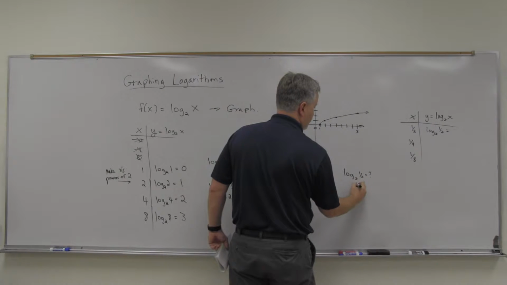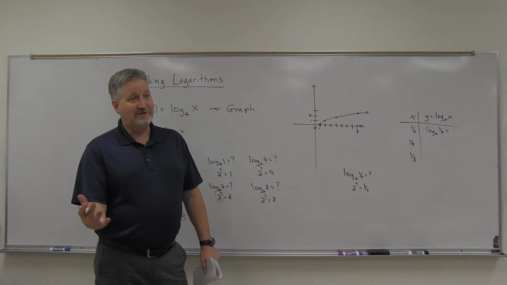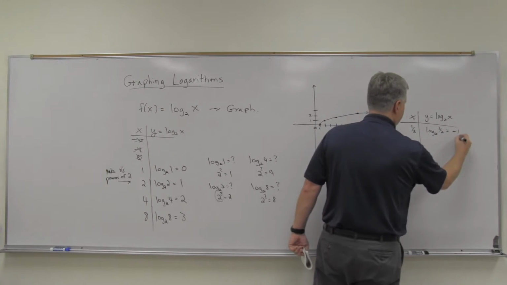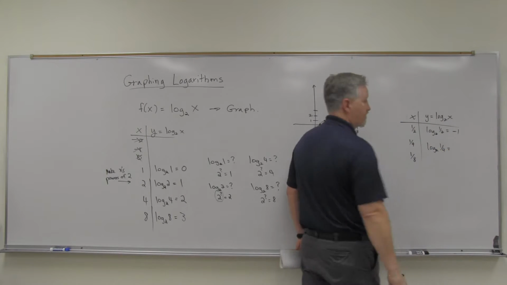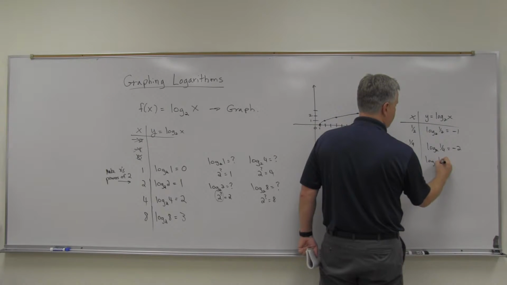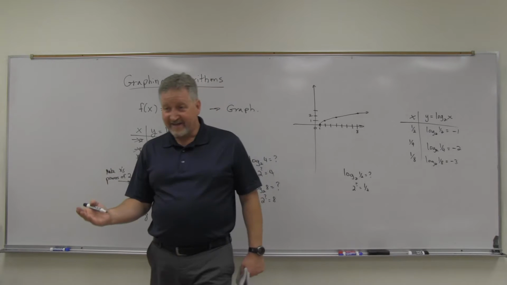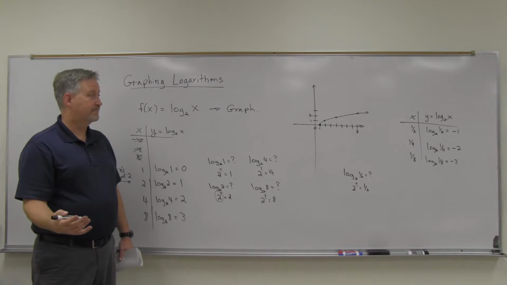That's 2 to what power gives me a half? Well, 2 to the first gives me 2, but to get a half, it needs to be -1. And similarly, for log base 2 of a fourth, -2, and then log base 2 of an eighth would be -3, because 2 to the third gives me 8, and then to get 1/8, it needs to be -3. Follow me there?